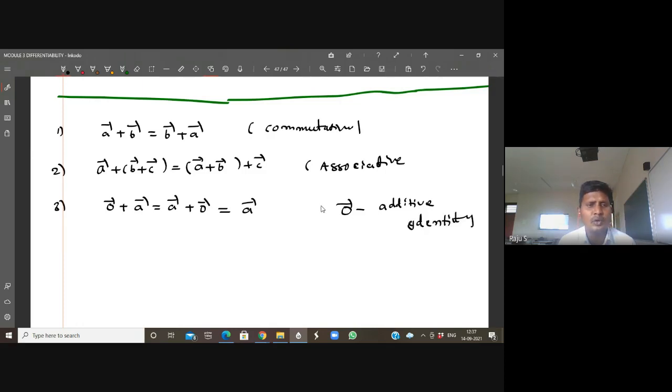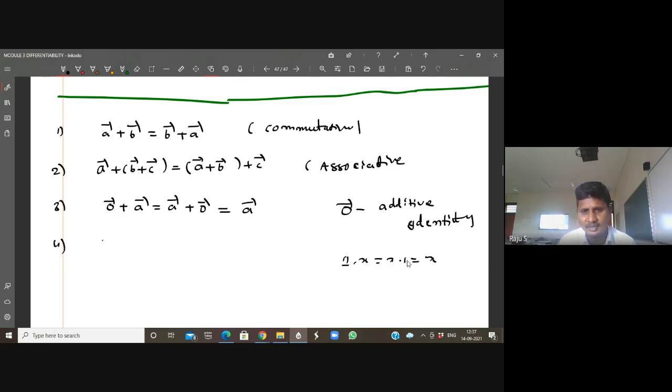If you apply the property, if you add any vector to the given vector and it cannot be changed, then that is called the identity vector. What is a multiplicative identity vector? Is there any multiplicative identity vector? No, because you know 1 is a multiplicative identity in algebra. You can take x as any number, 1 into x, or x into 1 is equal to x.